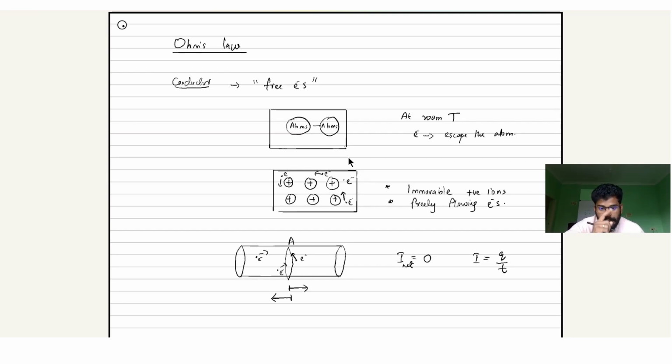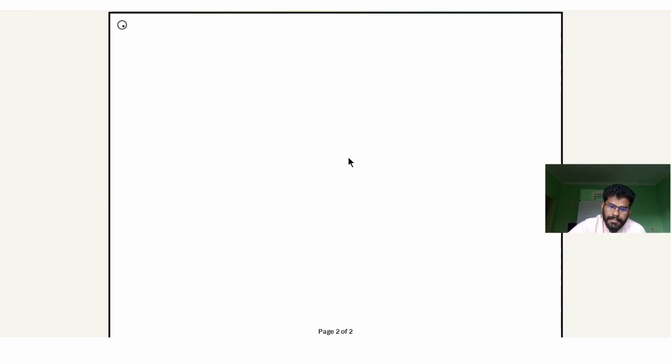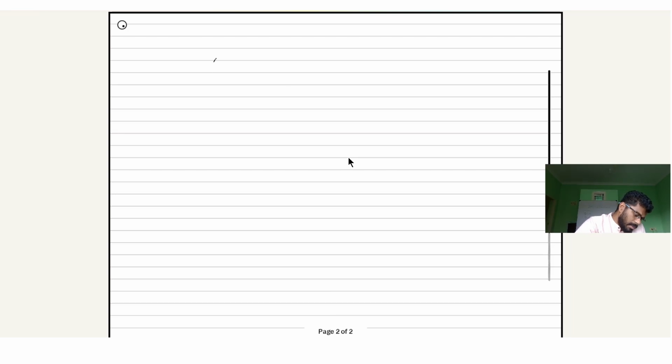Now let's say I have something like this. I have this conductor here, and let's say by rubbing I introduce some positive charges here, an excess amount of positive charge.